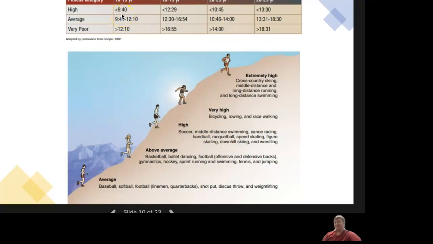That's a 6.25 mile pace. I had them all running at 2 minutes a lap, so that's an 8-minute mile pace. If they're over 12, then I would say you need to be running more often. If they're under this number, then you're probably good to make it through a basketball game.